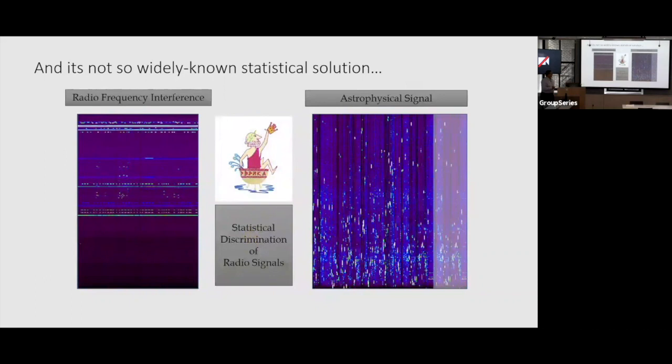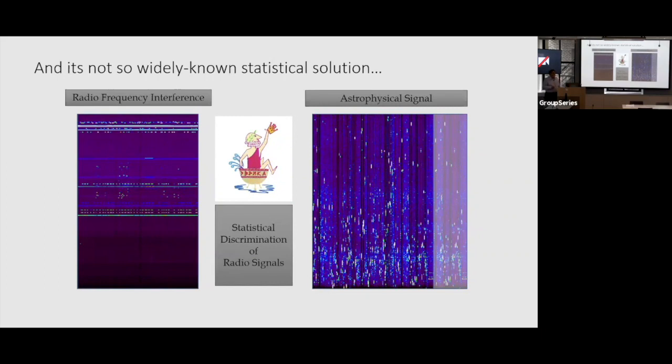It is a method that implies statistical discrimination of radio signals. If you apply the right statistic, I will demonstrate that you can separate the astrophysical signal from radio frequency interference, even if they feature the same frequency or time variations.